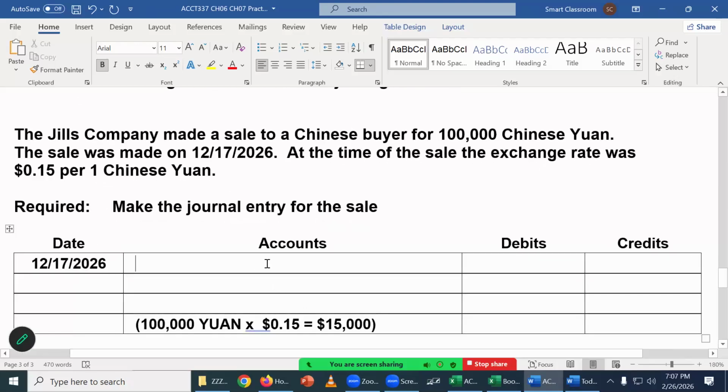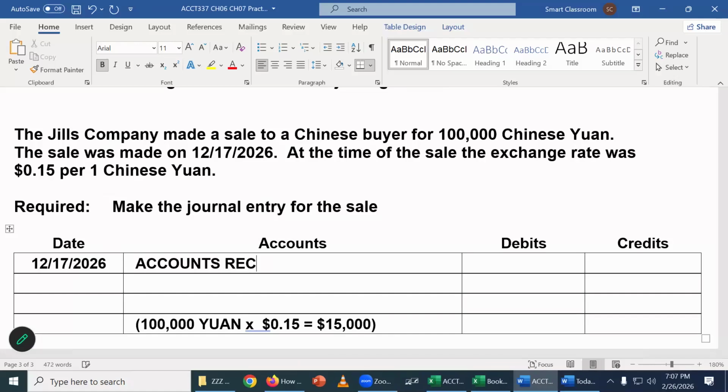So what would this be? What is it when someone owes you something? Yep. Accounts receivable.